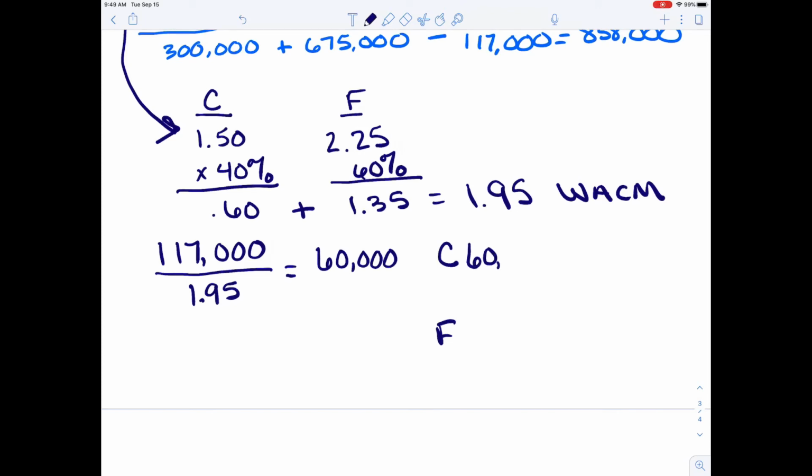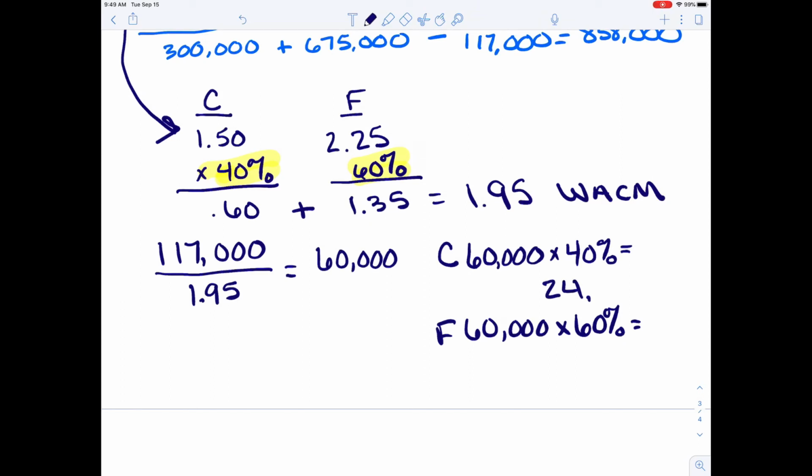If I take that 60,000 and I'm going to multiply this by my 40% for my sales mix here and 60% for my sales mix there, that will tell me how many tacos I need to sell of each one.